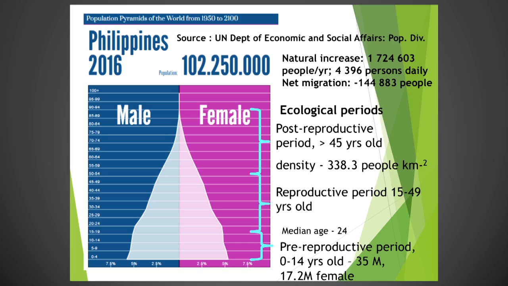The net migration is about negative 144,883 people. So these are our OFWs and all those that are migrating to different parts of the country, different parts of the world.